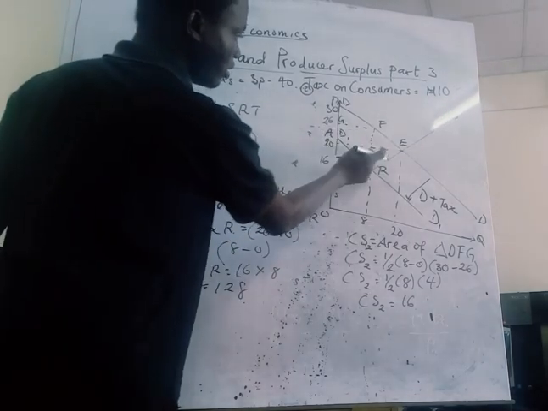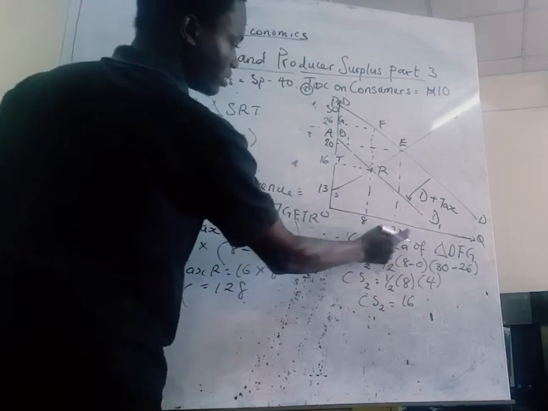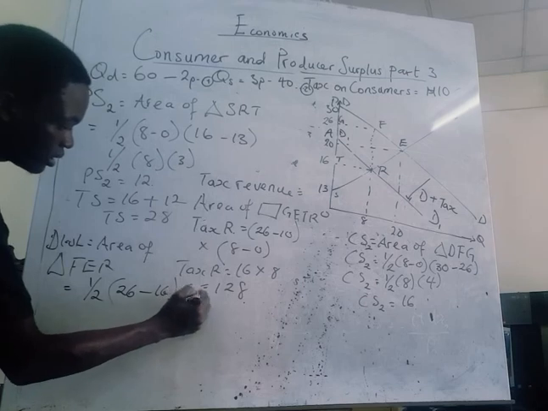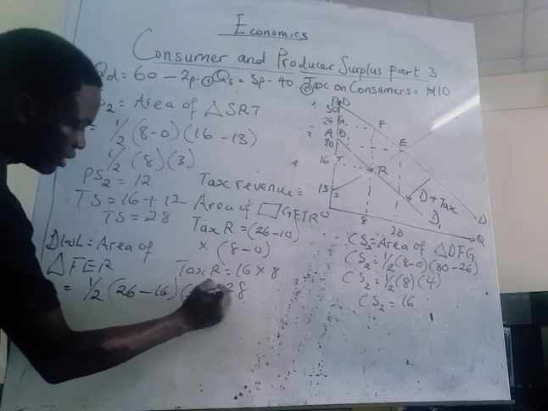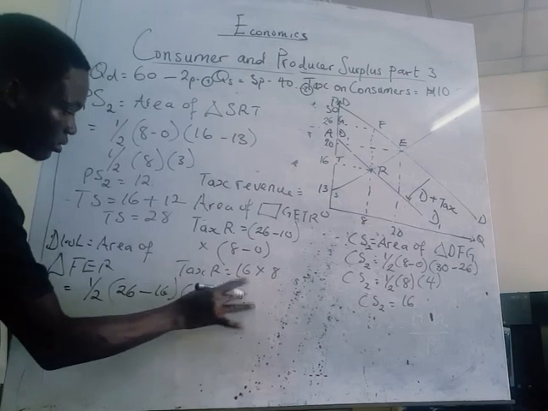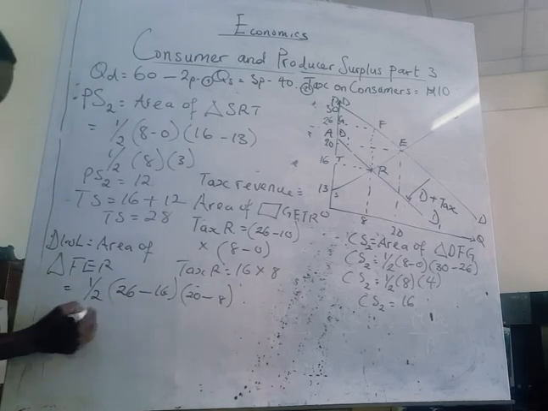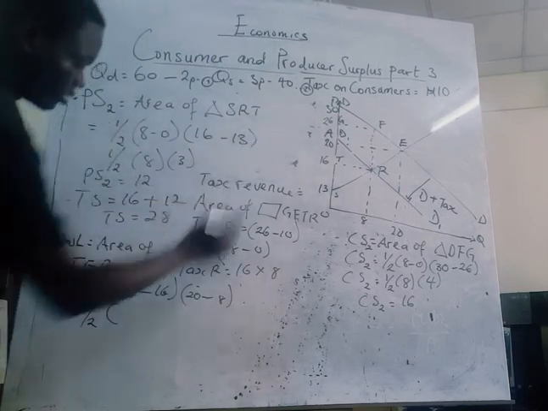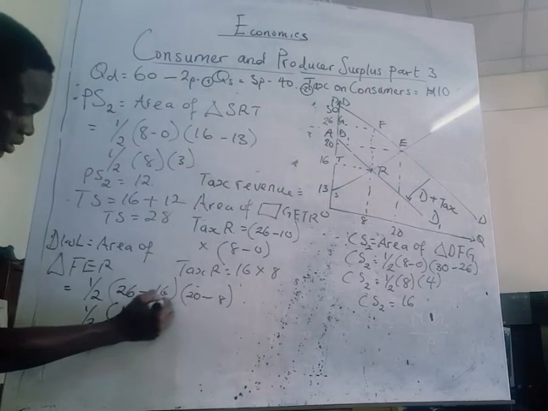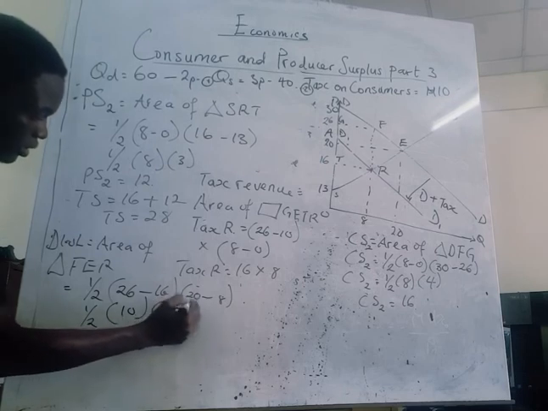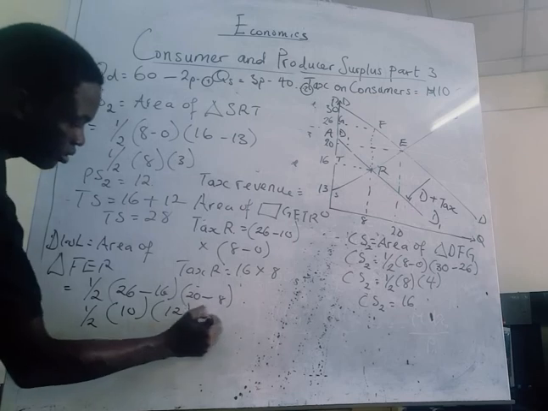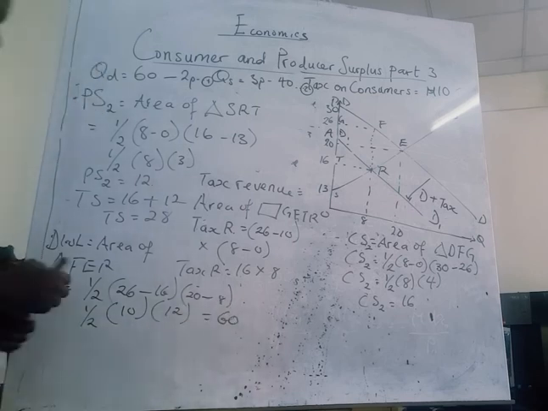The height is simply from here to here, which is 20 minus 8, that is 12. So now we have half into brackets 10, if I'm right, 26 minus 16, then into bracket 12. Half of 10 is 5, 5 times 12 is 60. So our deadweight loss is equal to 60.